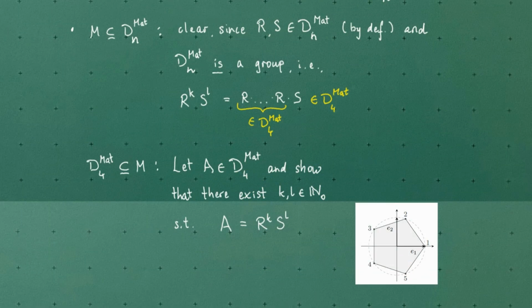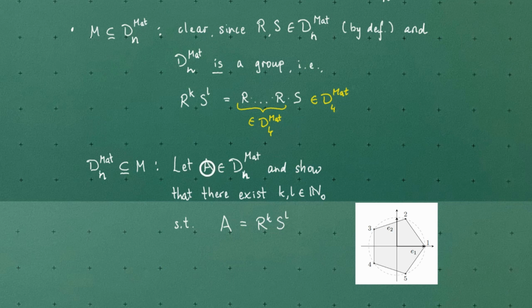Now for the harder inclusion, the other way around, we have to show that every matrix that lies in this set, again with n here as well, needs to be of this form.